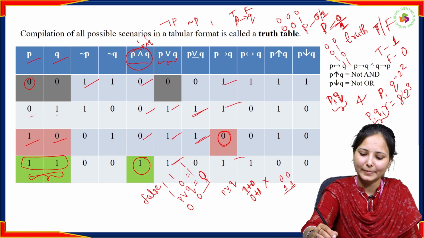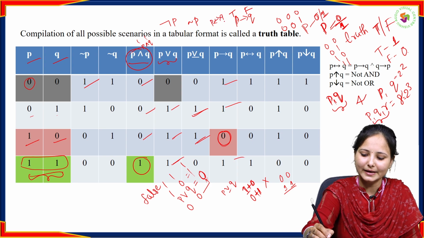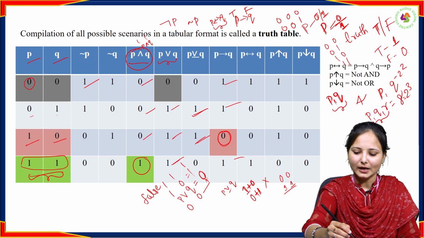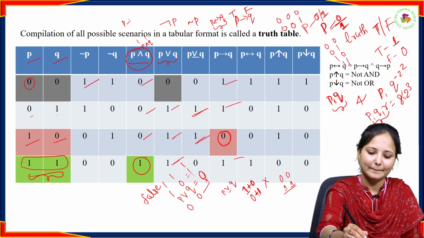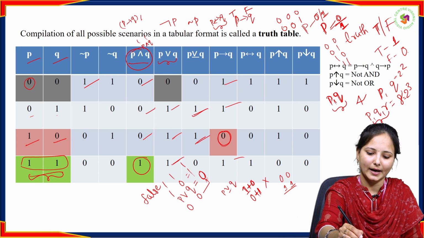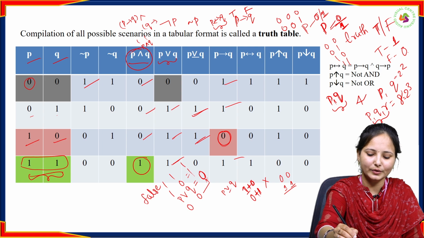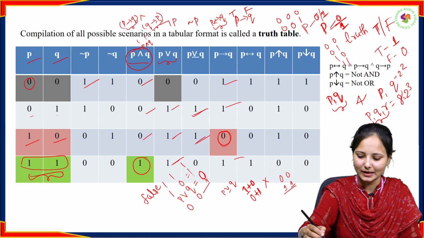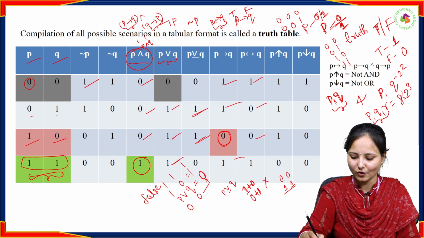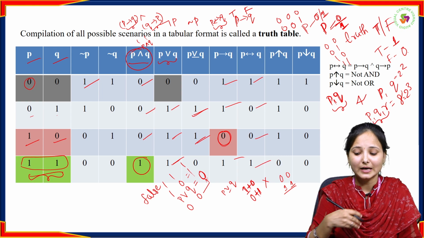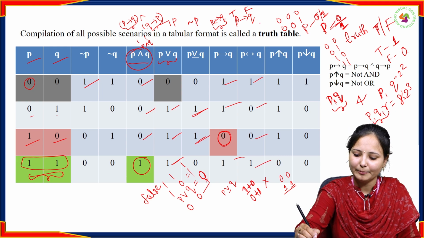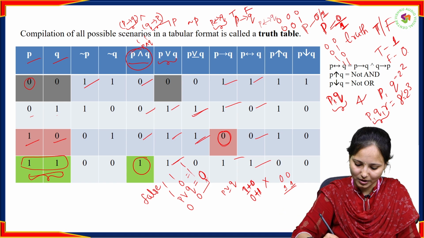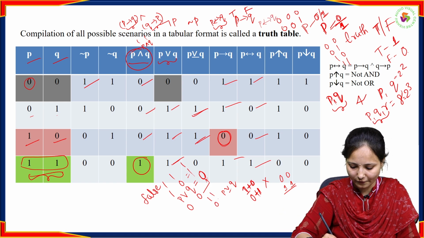Next one is P double implies Q. In general, we consider it as P implies Q and Q implies P. We consider P implies Q and Q implies P, then we calculate the value of this. For our understanding, P double implies Q will become true when both are true or both are false.